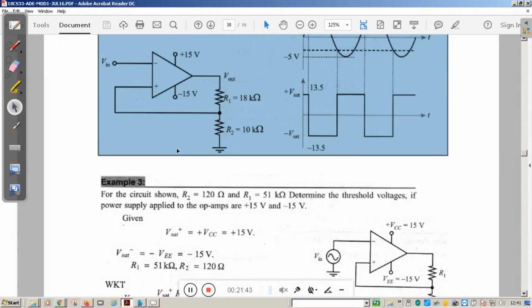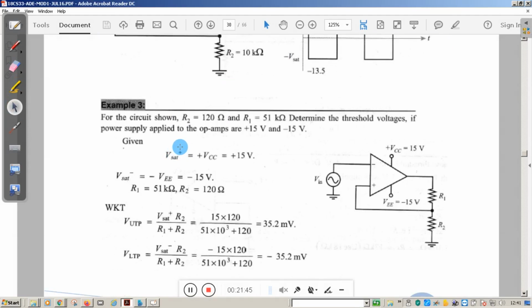So we will see the next problem. For the circuit shown here, R1 and R2 are given. Determine the threshold voltages if the power supply applied to the operational amplifier is plus 15 volt and minus 15 volt. So VCC is equal to plus 15 volt.